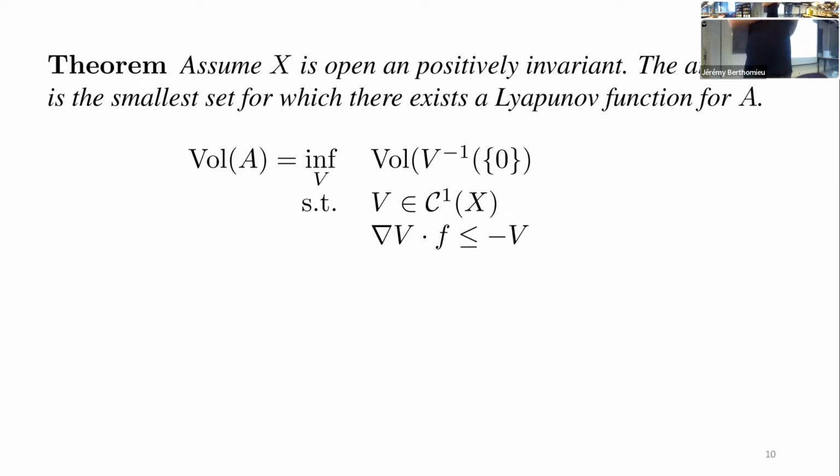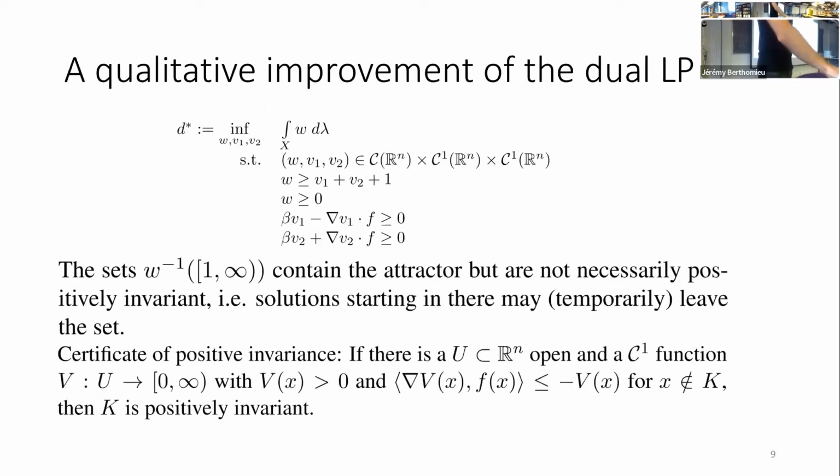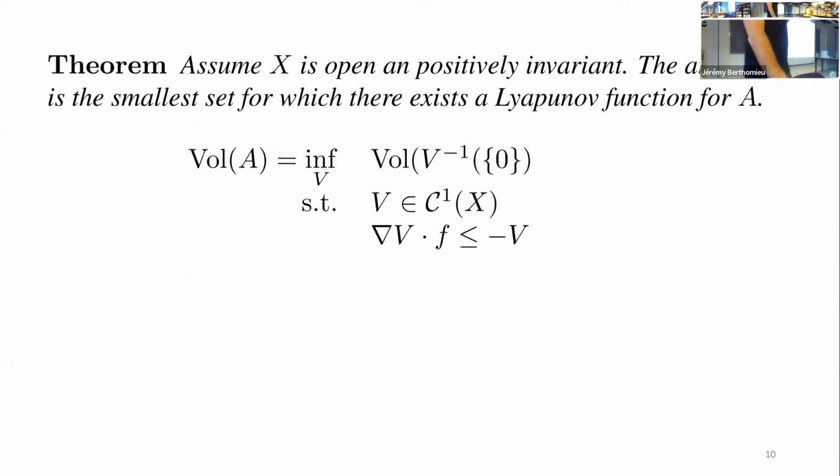So that means whenever I have a function that satisfies the previous constraints, this gradient condition here, then its zero level set is containing the attractor, but I can also find a Lyapunov function whose zero level set is exactly the attractor. That motivates the following optimization problem. In order to compute the volume of the attractor, I try to compute the volume of zero level sets of functions that satisfy this gradient decay condition.